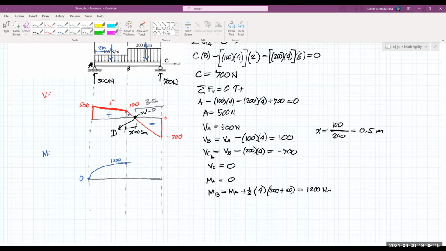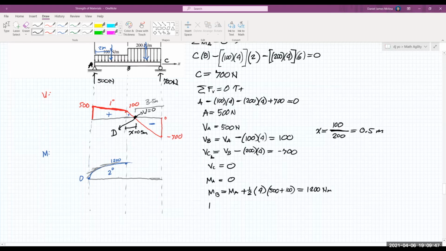There. So it will be concave downward. I'll just show some of the tangent lines here. If you can see the tangent lines, the slope of the tangent lines will be decreasing, from a vertical line going to a horizontal line. So it will be concave downward. Let's label this as a 2nd degree curve.